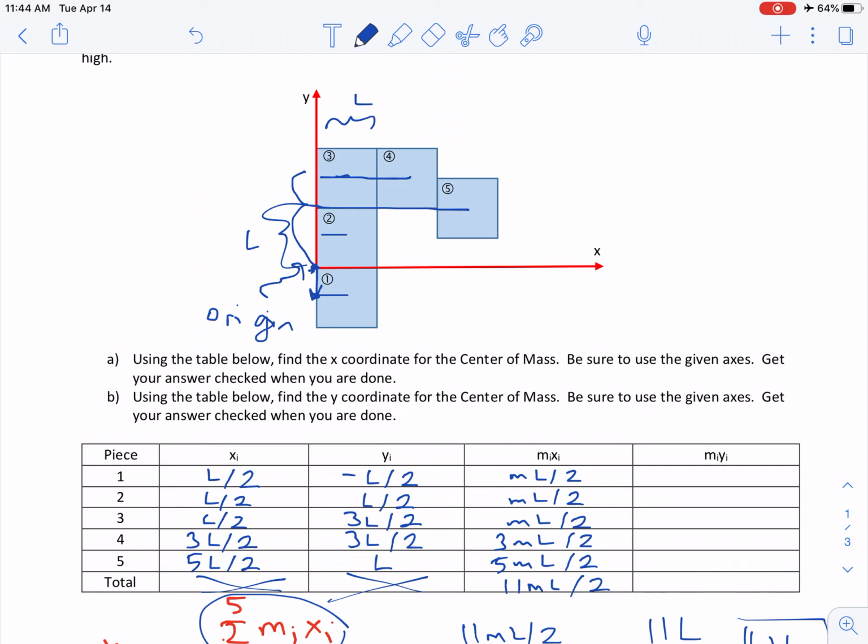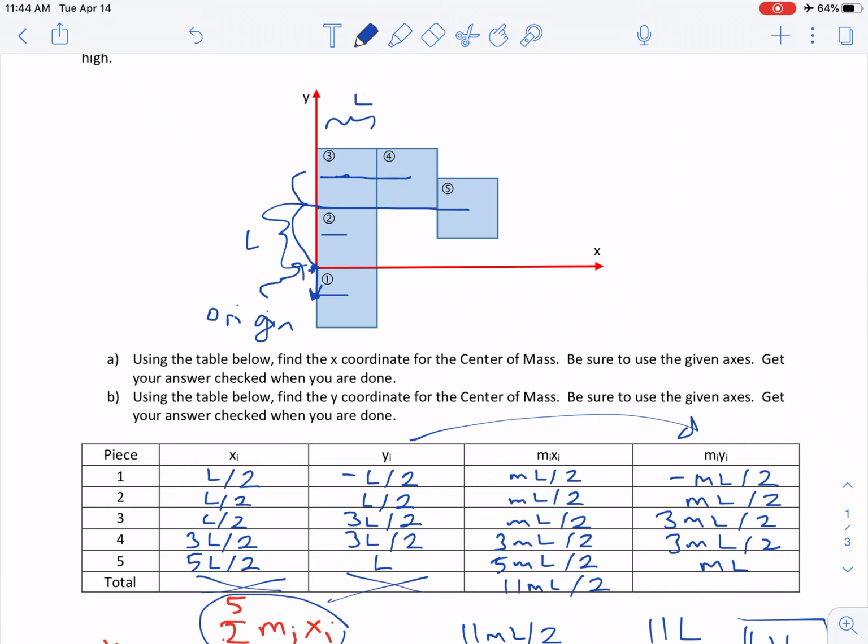Okay, so put these down as well and multiply by mass. So we're going to do the similar thing. So this is going to be multiplied by m, each of them. So I'm going to do that, negative ml over 2, positive ml over 2. You can see that these two will cancel out, 3 ml over 2, and another 3 ml over 2, and ml.